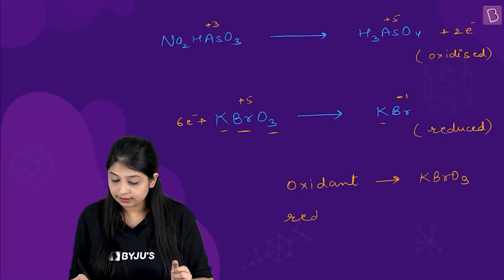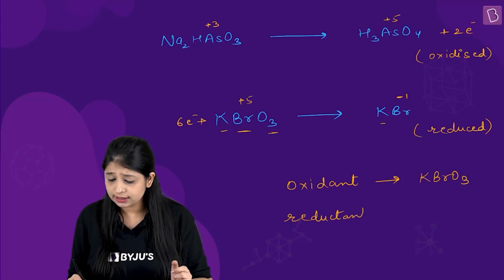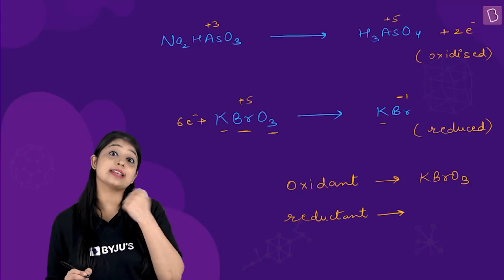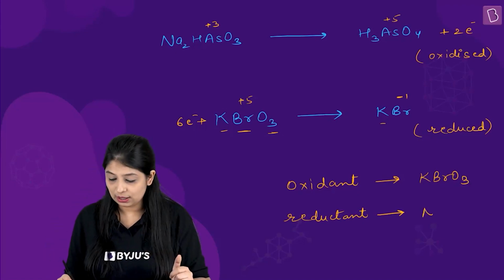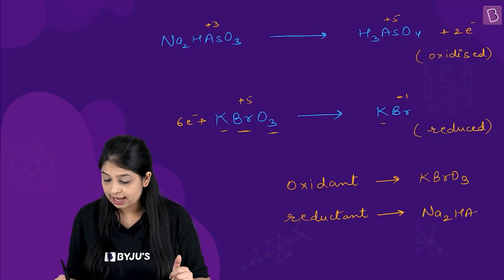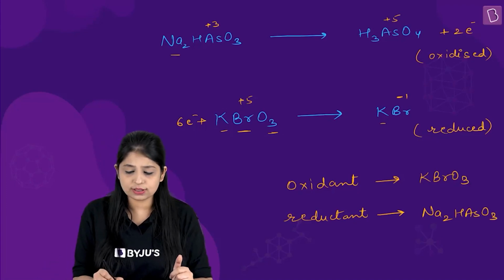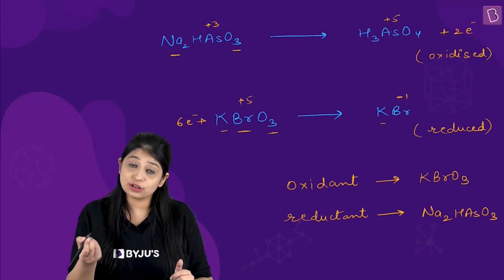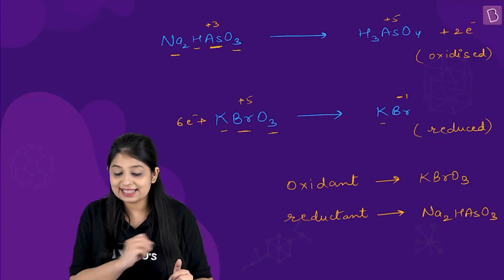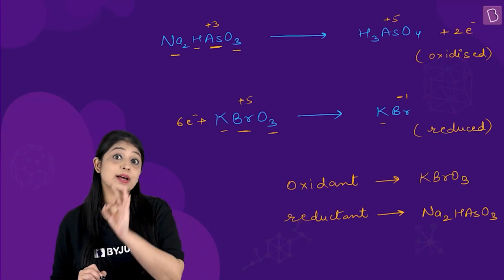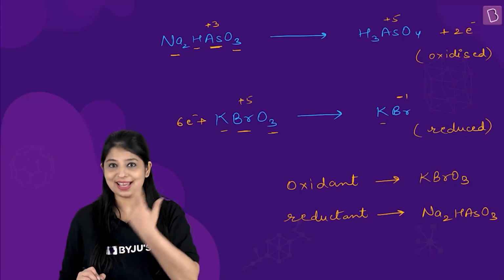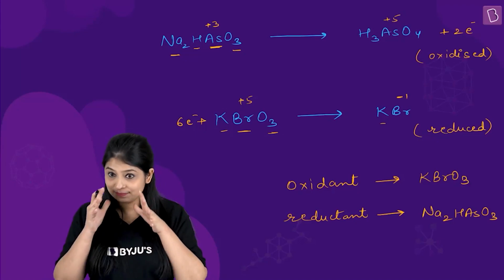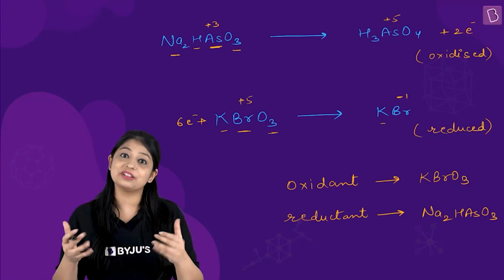What about the reductant? The reductant reduces the other but itself gets oxidized, and that is Na2HAsO3. The oxidation states of sodium and oxygen are the same, +1 and -2, and hydrogen is also the same, +1, and the As is changing from +3 to +5, losing 2 electrons, and hence it is getting oxidized, and that's why it's the reductant.